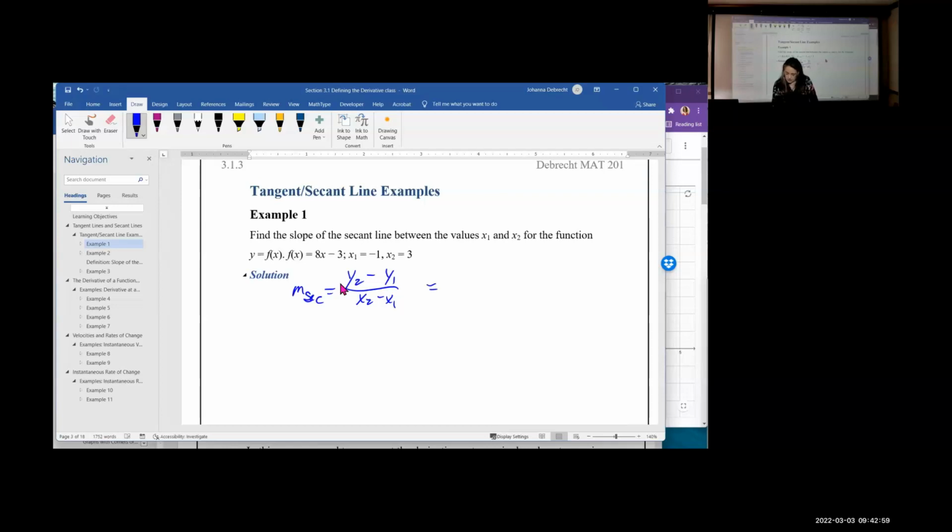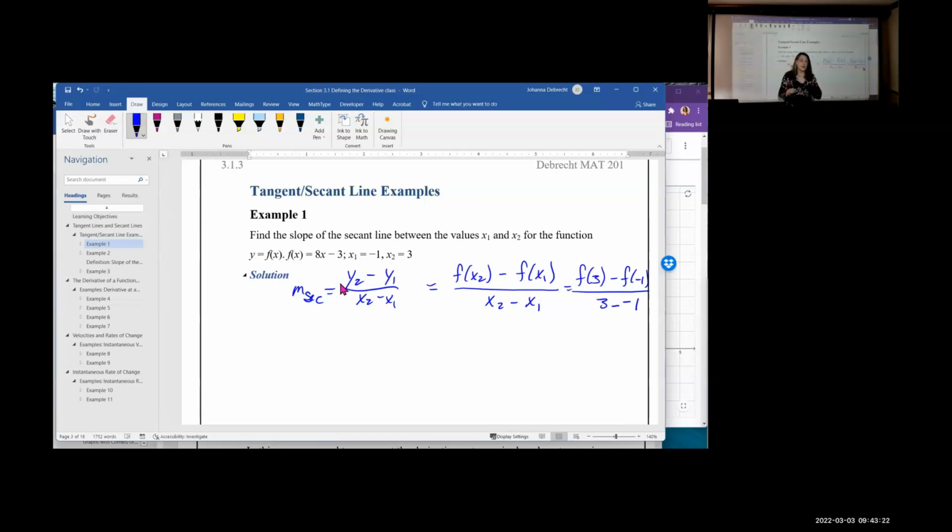So this is going to give us f of x2, we'll do x2 first just for fun, minus f of x1 over x2 minus x1. So that's going to be f of 3 minus f of -1 over 3 minus -1.